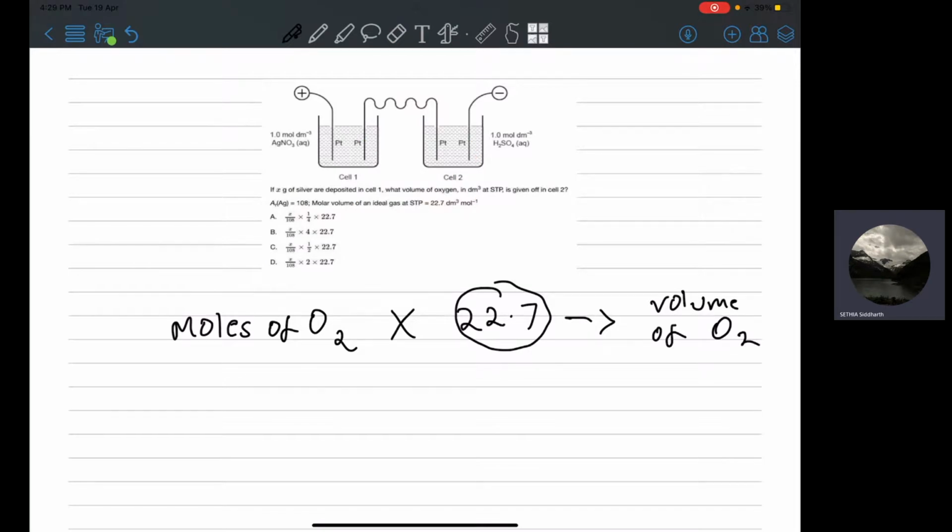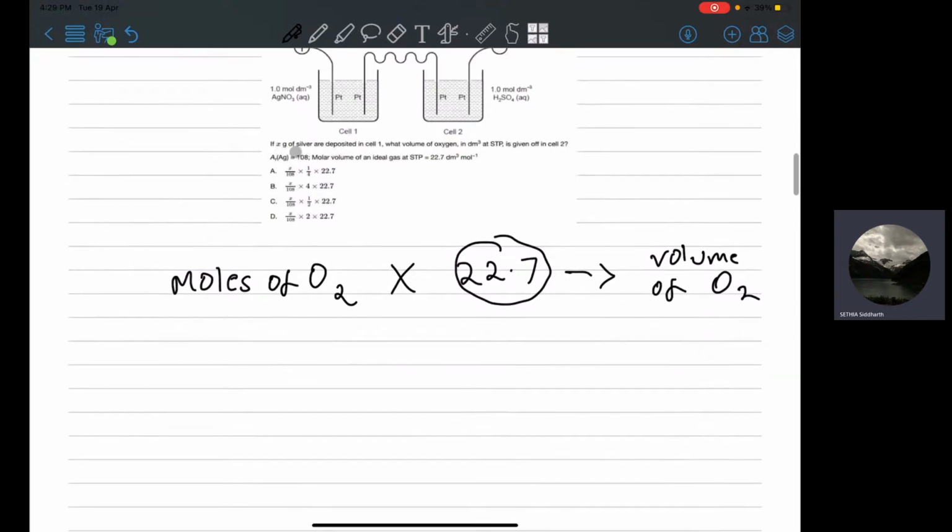So if you look at the cell over here, they've told you that X grams of silver is deposited in cell 1. If X grams of silver is deposited, that automatically tells us that we have some silver being formed. And that means that silver is being reduced. So silver is the one which is taking in electrons in this reaction.